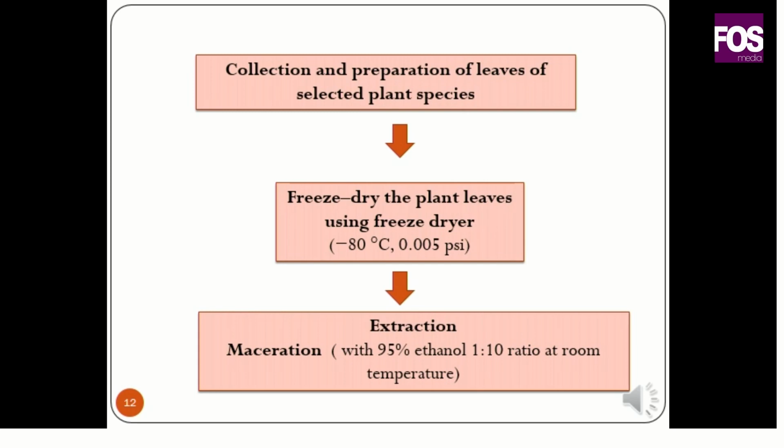After the freeze-drying process, leaves were ground to obtain the powder, and extraction was done using the maceration method to protect the heat labile compounds, using 95% ethanol at a 1 to 10 ratio at room temperature.